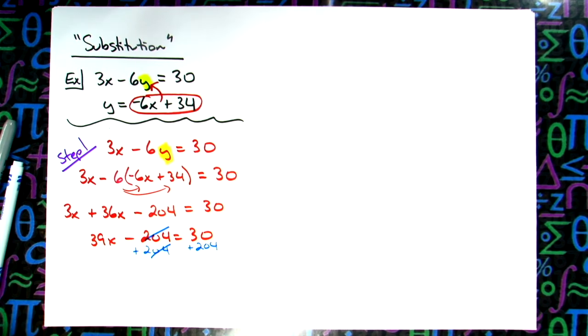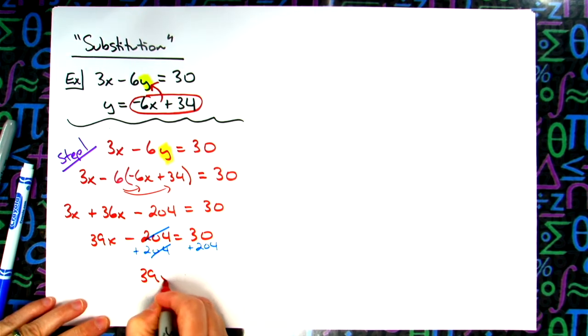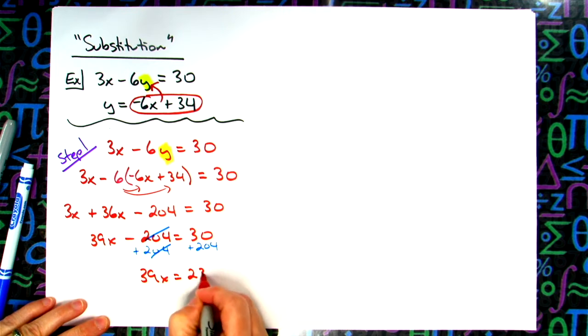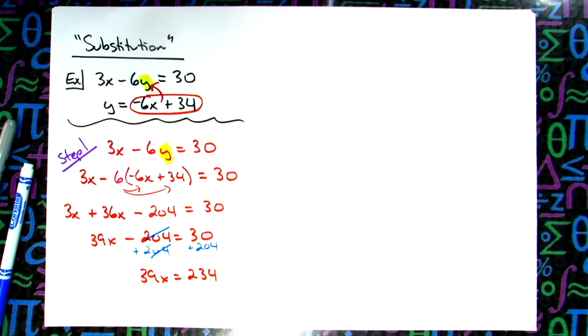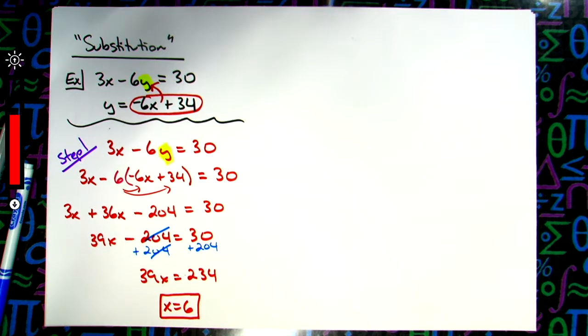That'll give me 39x is equal to 234. And hopefully 234 divided by 39 is going to divide out nice and evenly. It does. It gives me x equals 6. So at this point, I have my x value.